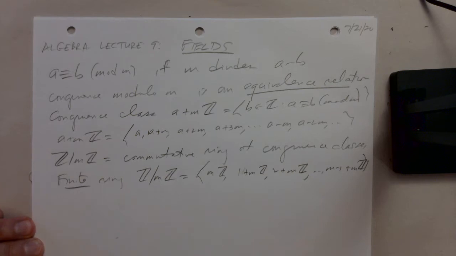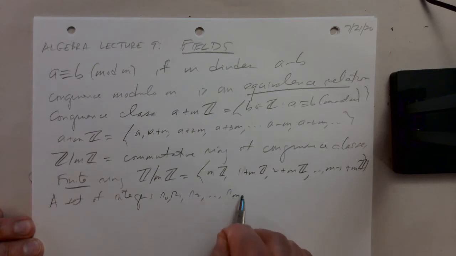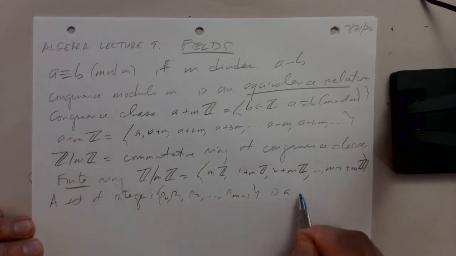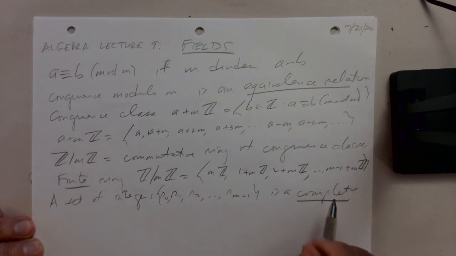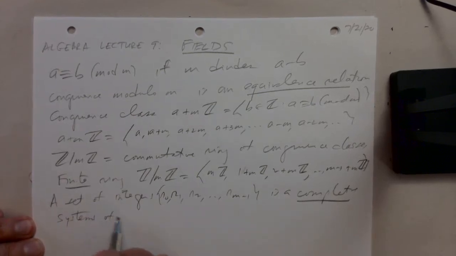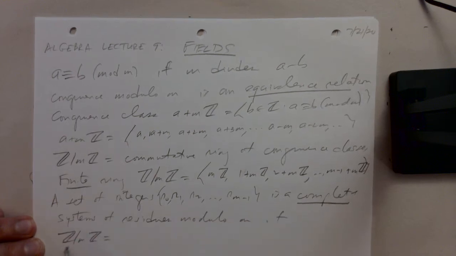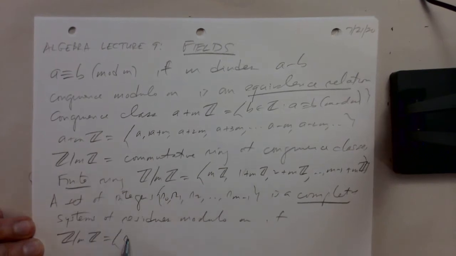And we say that a set of integers r0, r1, r2, up to r sub m minus 1 is a complete system of residues modulo m if we could also choose these as the representatives of the m different congruence classes.